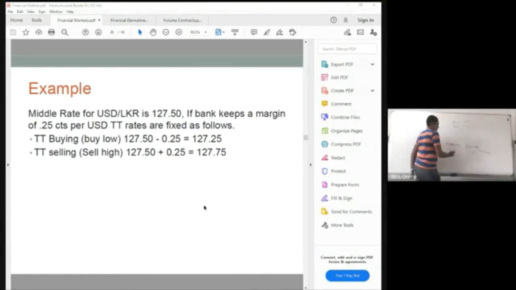Let me erase the mango example and write it once again: 90 plus 100 over 2 is 95. So the margin for the bid is 5 rupees, 95 minus 90. And the offer margin is 100 minus 95, again 5. A 5 rupee margin is maintained.